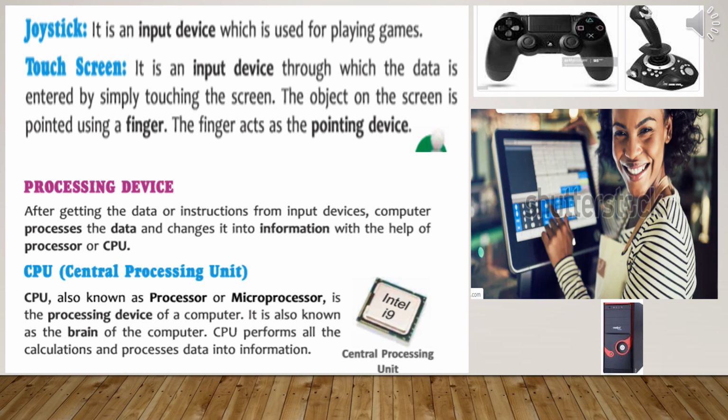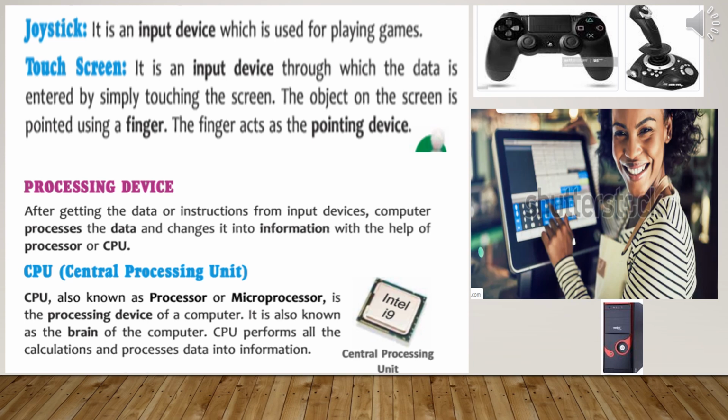The next hardware is processing device. Whatever instruction or data we put into the computer using input devices like keyboard, mouse, joystick, touch screen, the computer takes it into its brain where it works on it and gives us the result.